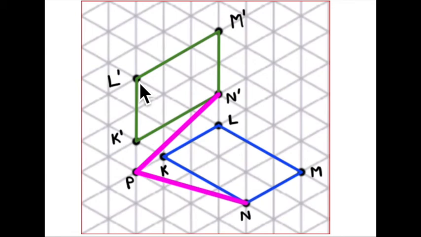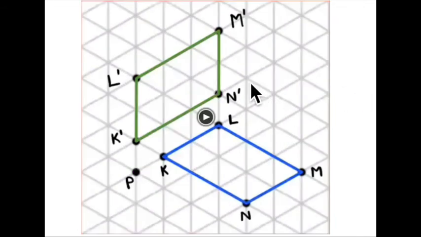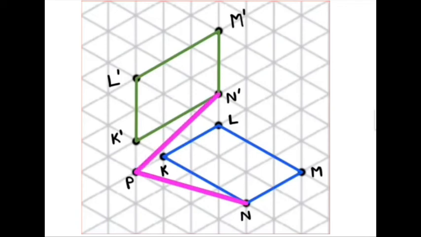But let's take another look at N going to N prime, and let's use a counting strategy, much like what we did for the 90-degree rotations. I have a little video here. So if I draw the segments and count along the isometric grid paper, 1, 2, 3, and then 1 unit in the direction of rotation, and if I make that same count along the other side of the triangle and 1 unit in the direction of rotation, you can argue that that is a 60-degree rotation.